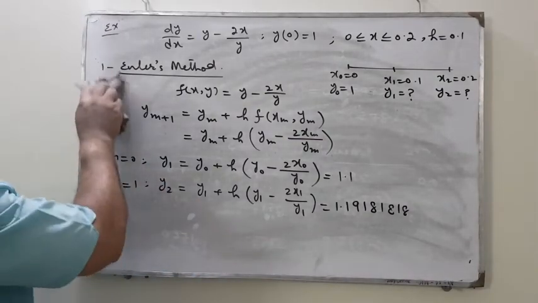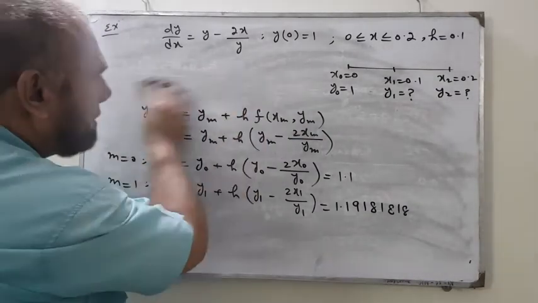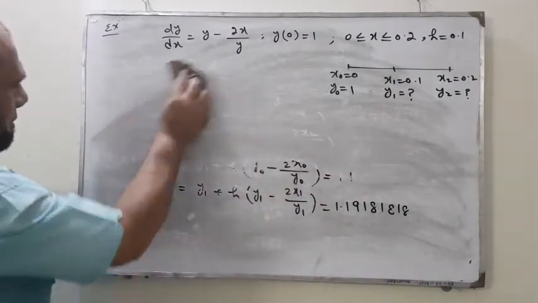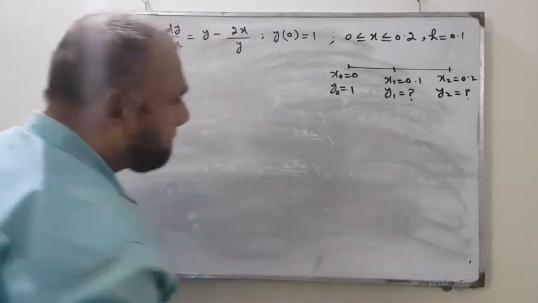Now we use the second method, which is the improved Euler's method.